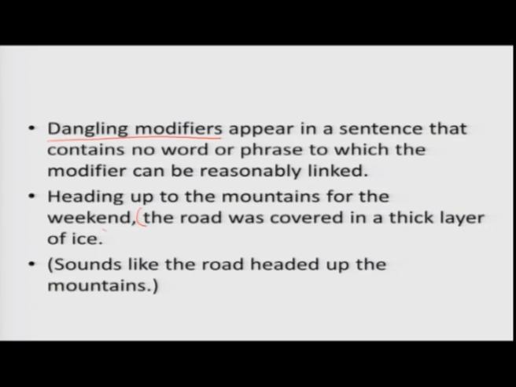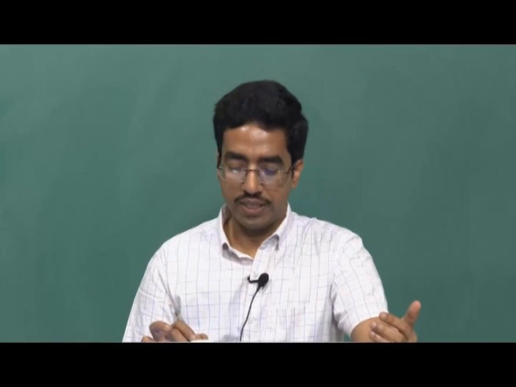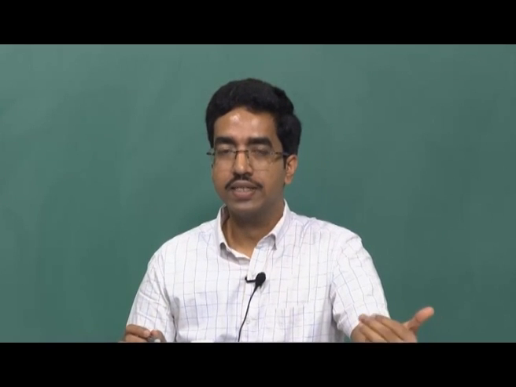This is the main part, and this is the modifier, heading up to the mountains for the weekend. But who is heading up the mountains? Now, it looks as if the road was headed up the mountains, but this is not what you meant, right. You meant somebody there, say I or we.